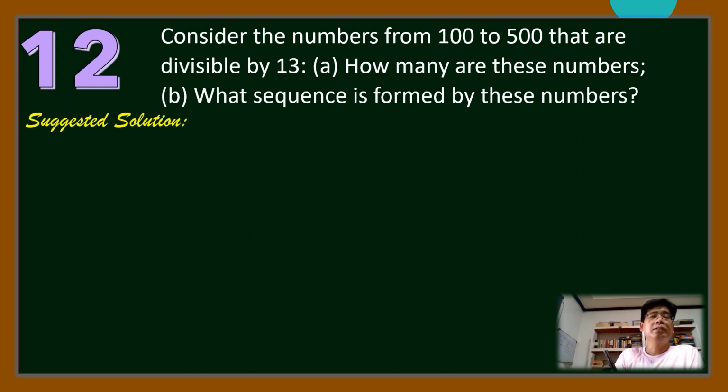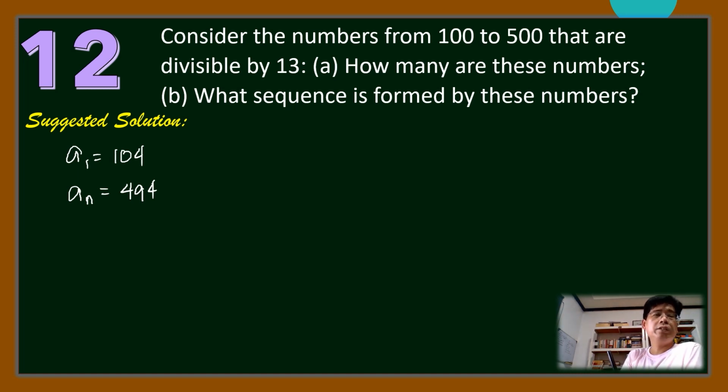For our solution, let us start with letter A, and the smallest number that is divisible by 13 above 100 is 104. So A sub 1 is 104. And the largest number less than 500 that is divisible by 13 is 494. So A sub n is 494.